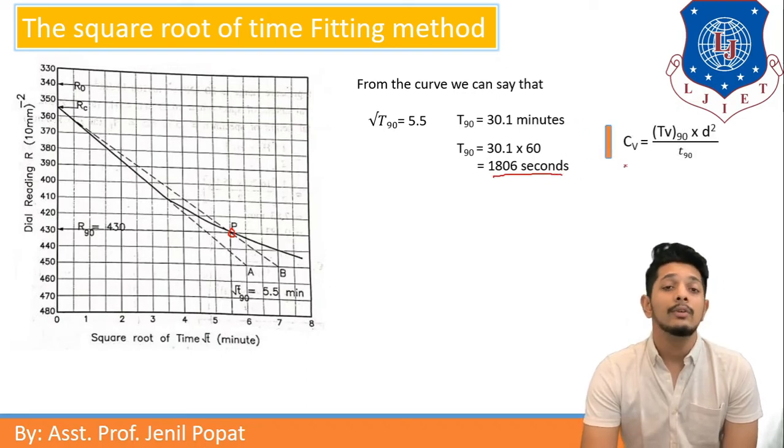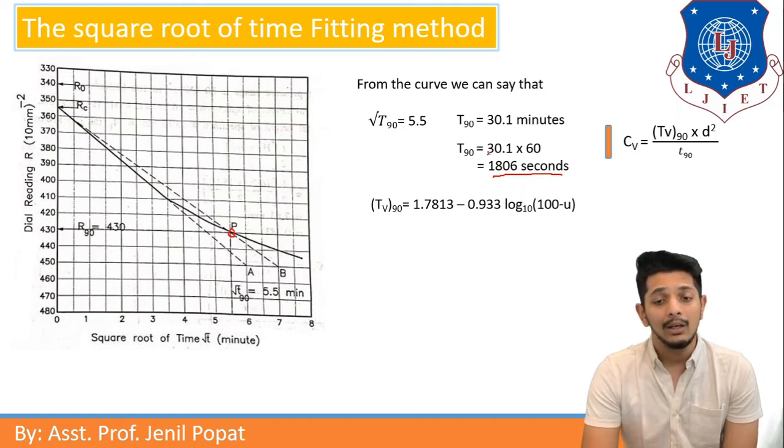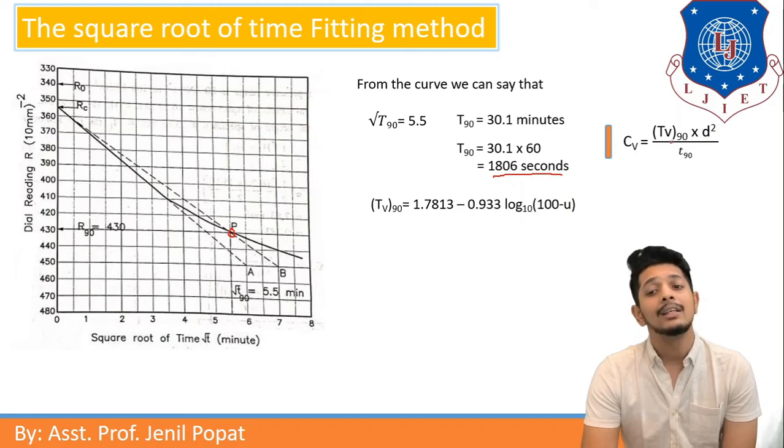From that we can remember that CV is equal to TV90 into D square by T90. This is again the older formula from Terzaghi's theory. Let us move forward. We want other values in this formula. We have T90 only. Now we need D as well as TV.